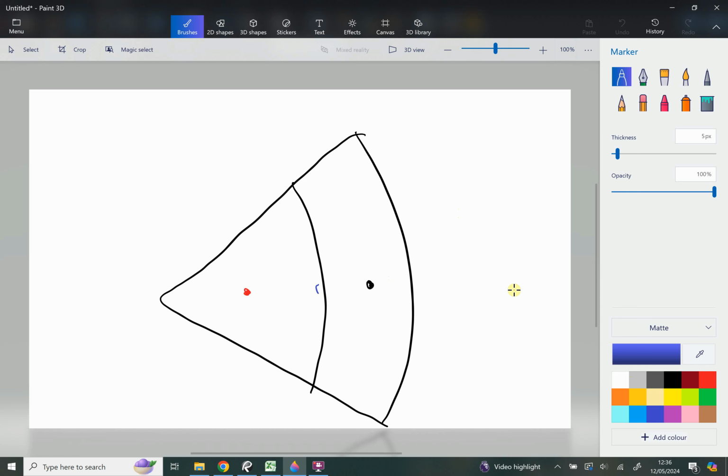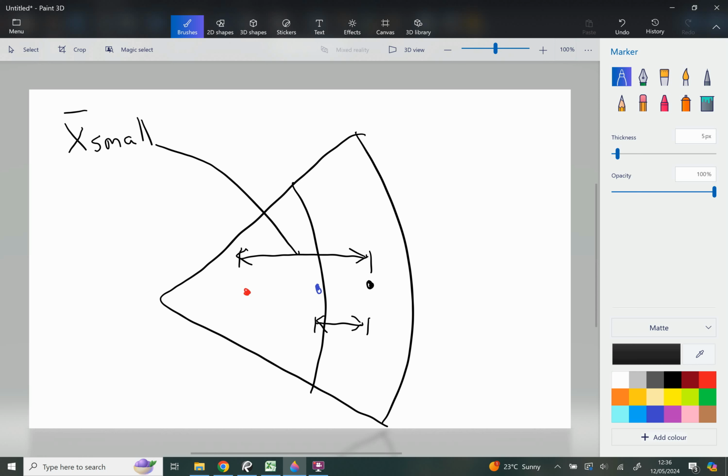We have the blue would be the centroid of the blue sector, and our distance that we want, our x bar, remember, our x bar is going to be this distance and this distance. This one here is going to be x small. This one here is going to be x bar large. And we don't care which one we subtract from the other when we're doing this calculation, because we're going to square this as in the formula. So we don't care about the sign, whether it's negative or positive for this.